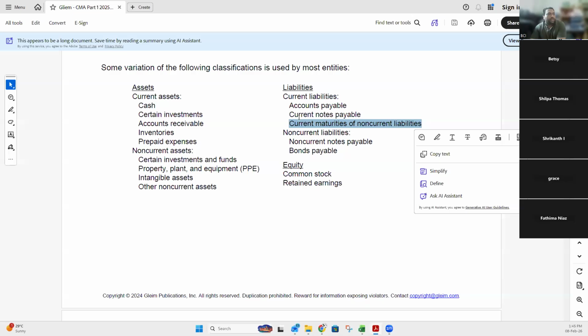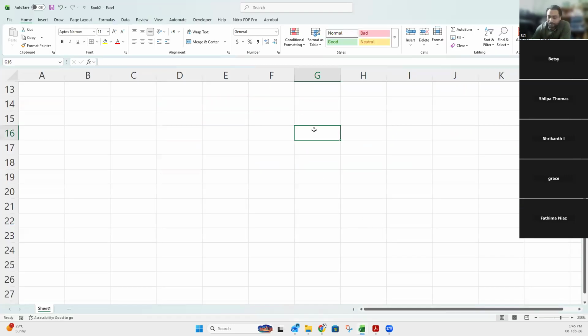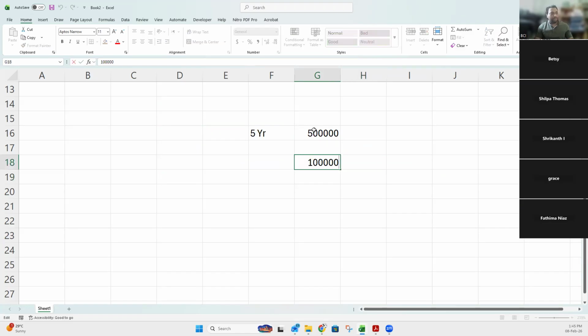Sorry guys. So current maturities of non-current liabilities means, for example, you are having a loan for 500,000 from a bank, which is a 5-year loan, for example. And every year you are paying 100,000. So this year, when you prepare your balance sheet, what you have to do is, in the liability section, you can see the Excel sheet, right?